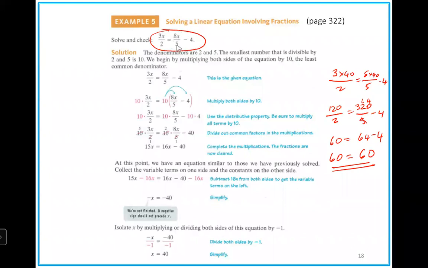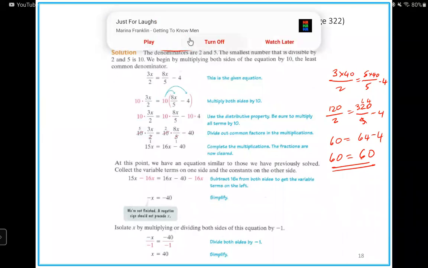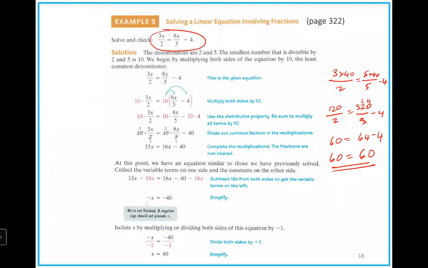So we cannot use the cross multiplication method here, because it has a fraction plus a whole number. That cross product principle is not applicable for this type of equation. It's only applicable when the two sides of the equation are fully fractions.